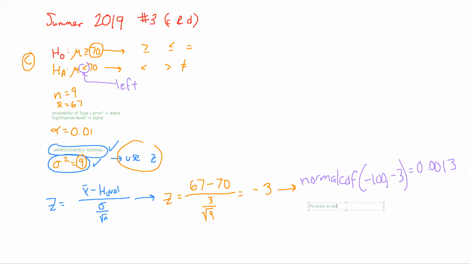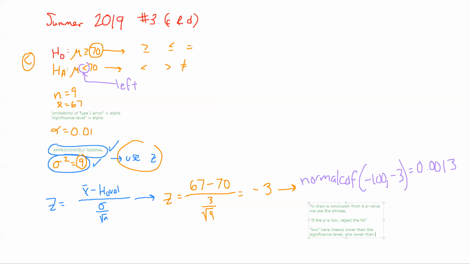To draw a conclusion from a p-value, we use the phrase: if the p is low, reject the H0. And by H0, we mean the null hypothesis. So what counts as low? Low here means lower than the significance level, aka alpha.